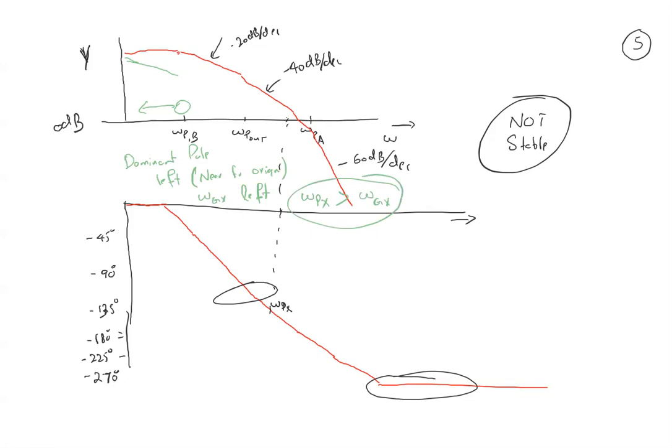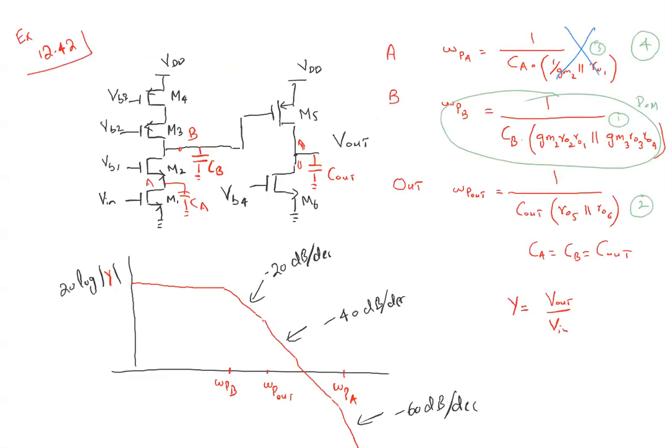How can we do this? By including, for example, in the circuit which was provided here, let me go back to the previous one. In this circuit, with this CB, we add some capacitance, and that capacitance is the compensation capacitance, let's say C compensation.